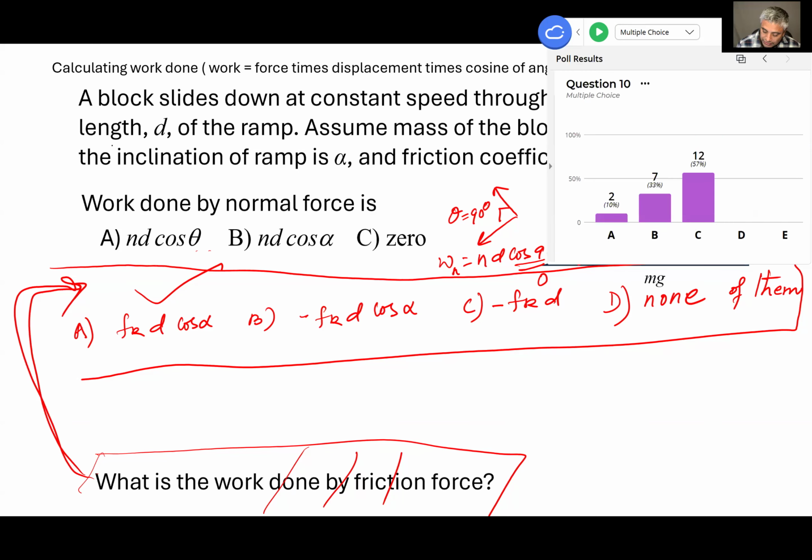Let's see what we got. Nobody chose D. So A, B, C look like staircases.